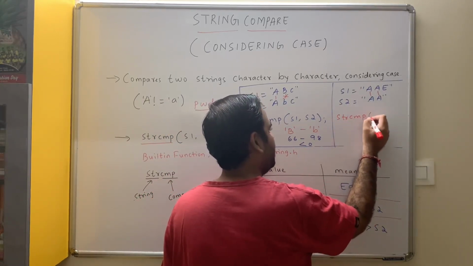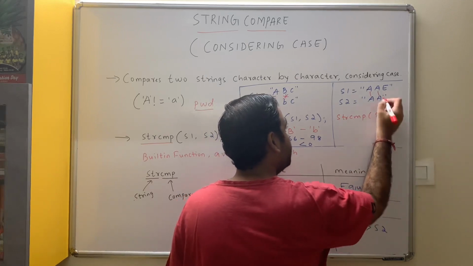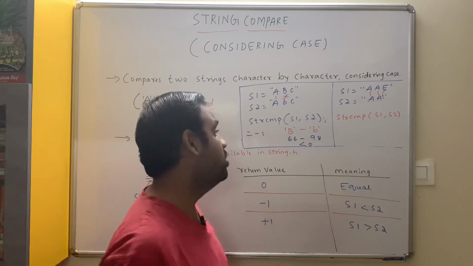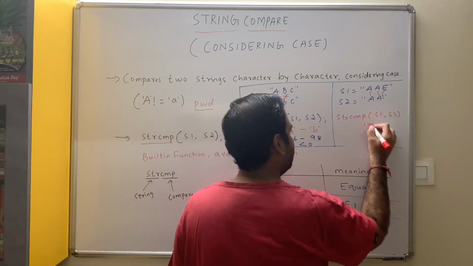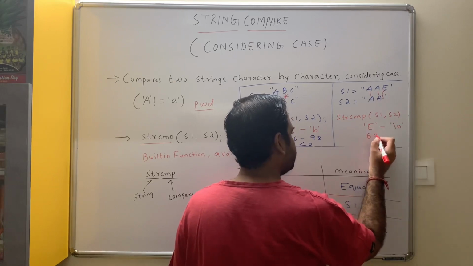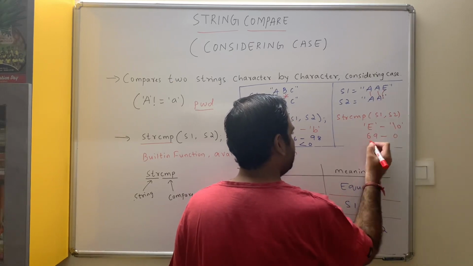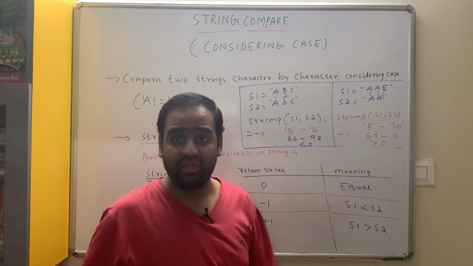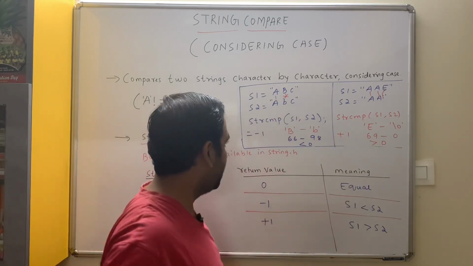Yes, a is equal to a again. Now you reach the null character. You check, is e equal to the null character? No. That means what is the first parameter here? e minus null. What is the ASCII value of e? It is 101. ASCII value of null is 0. It is greater than 0. Therefore it gives answer as +1.